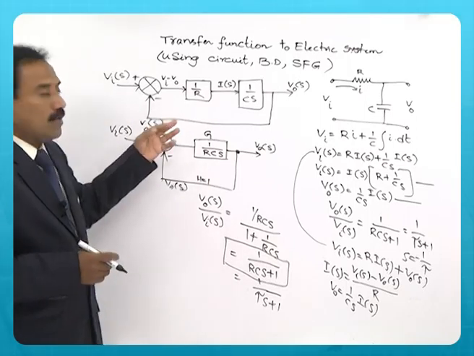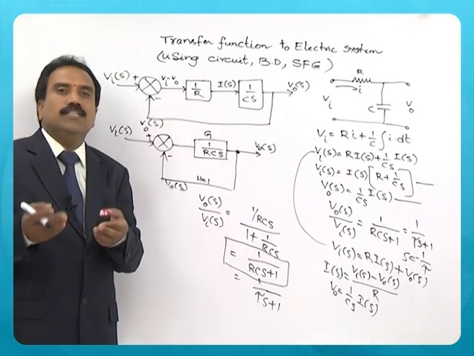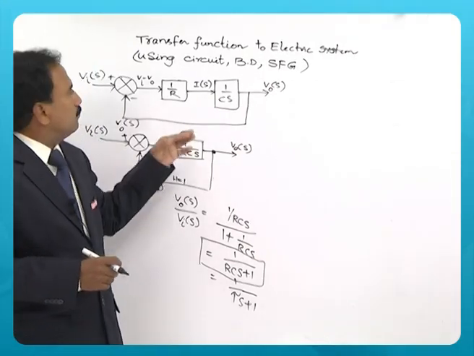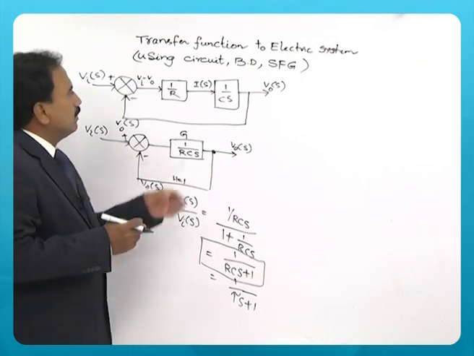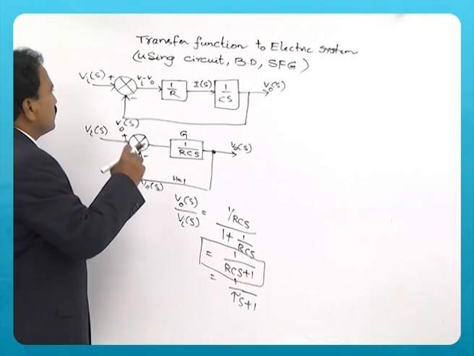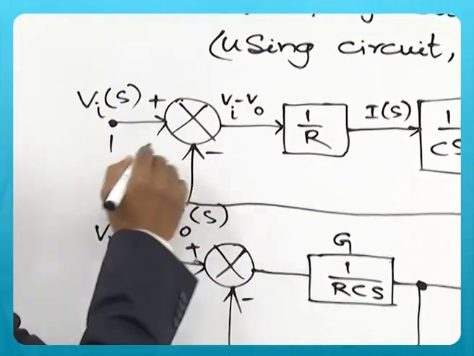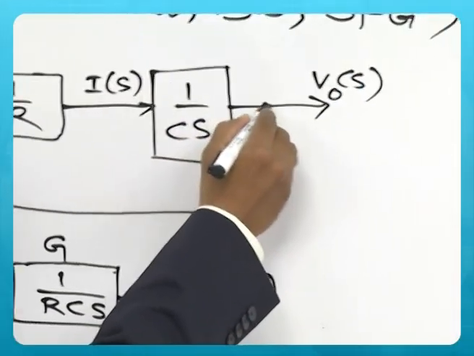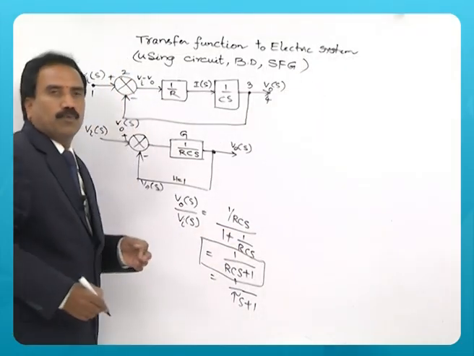So now let us draw the signal flow graph for this block diagram and see what is the transfer function. As I indicated, when block diagram is given, you should identify the nodes first. For this input variable, node 1, summing point, node 2, and takeoff point, node 3, output variable again 4.